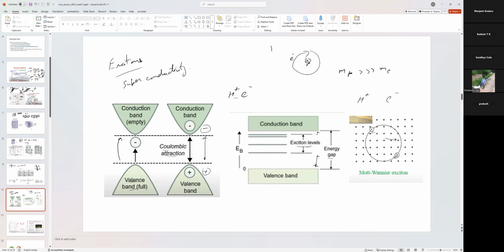However, in semiconductors and materials, this hole and electron can have similar mass. So since they're of similar mass, they'll spin around each other like a two body system.